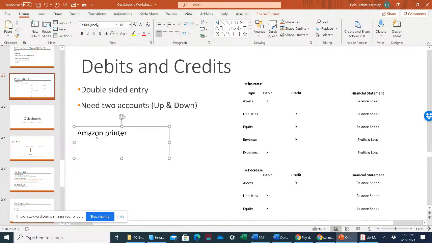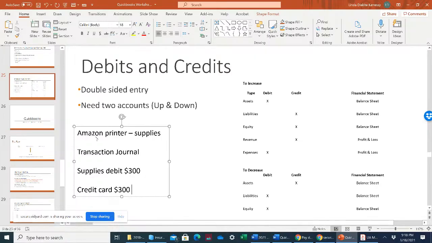The transactional journal is going to debit supplies, let's just say $300, and then it's going to credit the credit card, because we are increasing the balance.